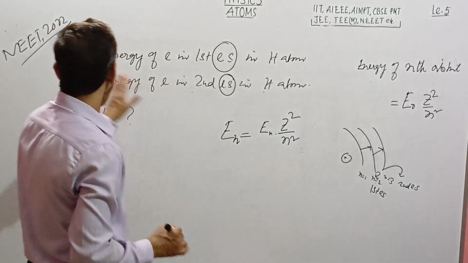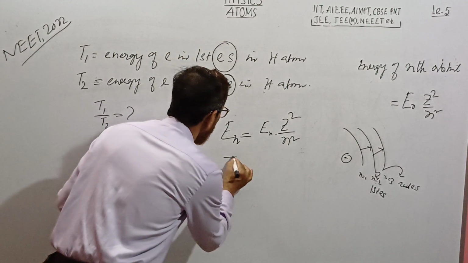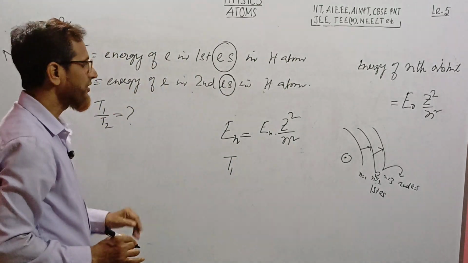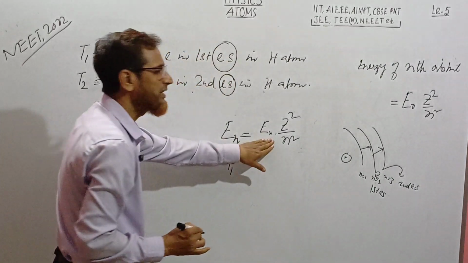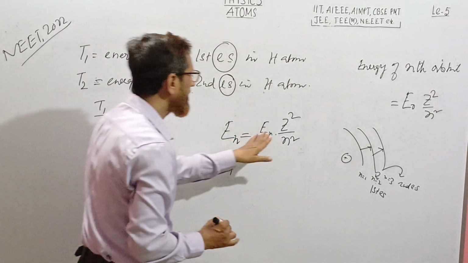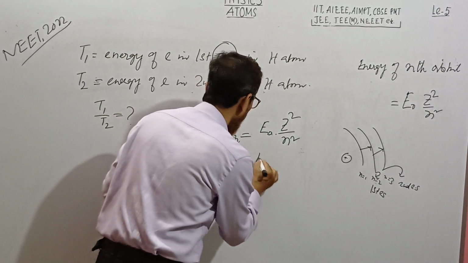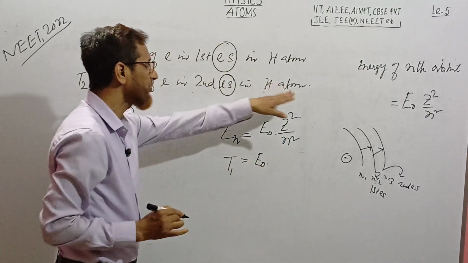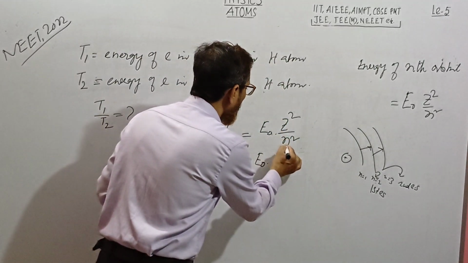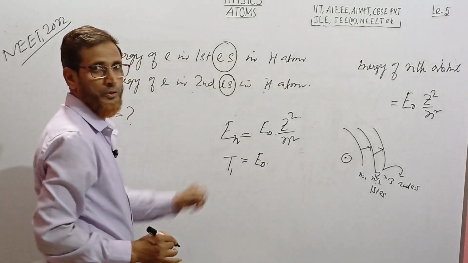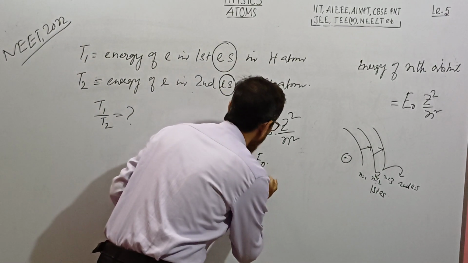So if T1 is the energy of the electron in the first excitation state, then this E you keep fixed. E is 13.6, or you just keep it fixed. We won't touch it because it is fixed for hydrogen. There is no change. So Z is equal to 1 and Z is cancelled, and here n is equal to what?